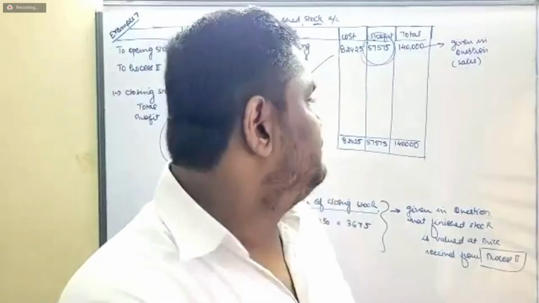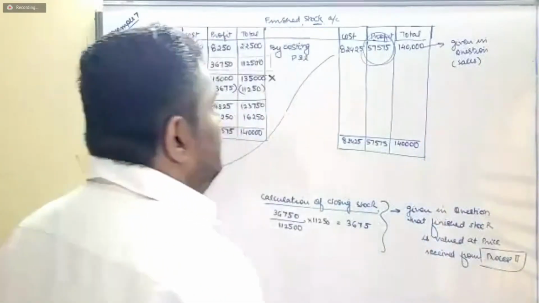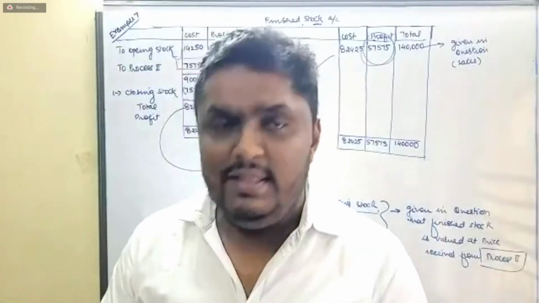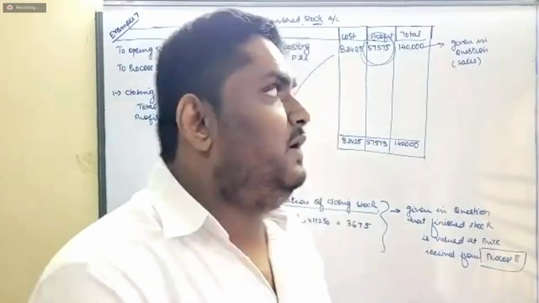Okay, Vedant. So there is a query from Vedant. If it is given in the question that closing stock is valued at prime cost, then what will be the treatment?